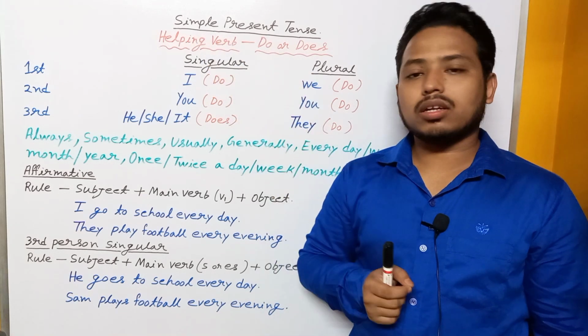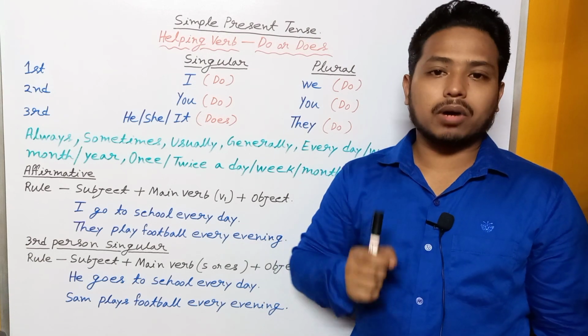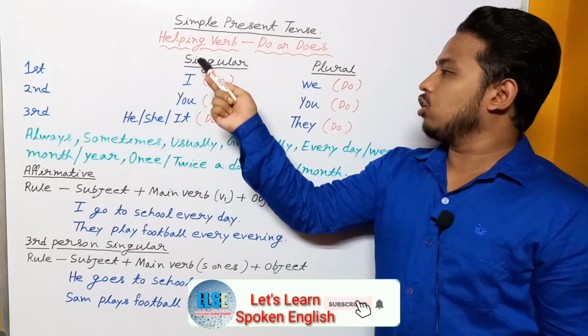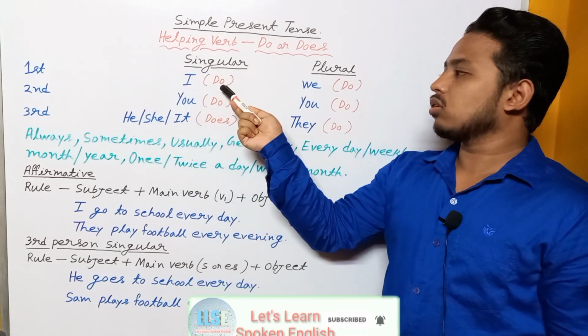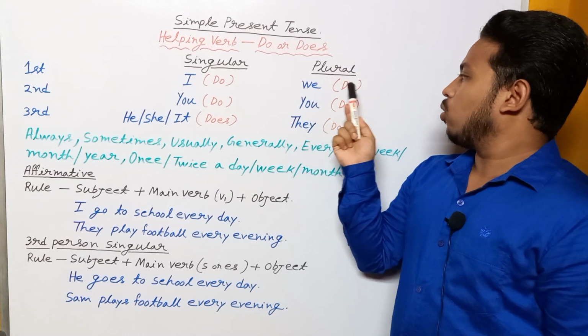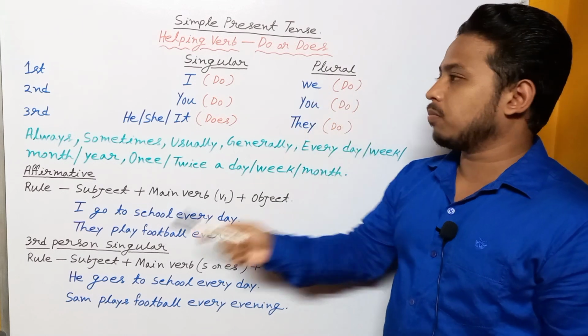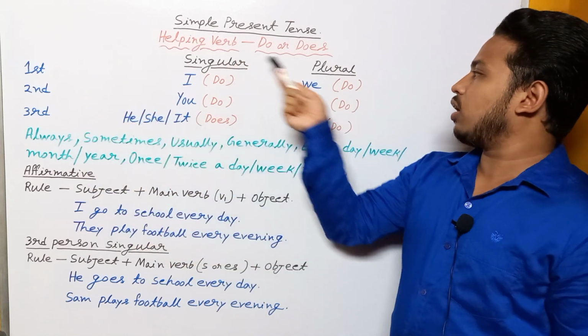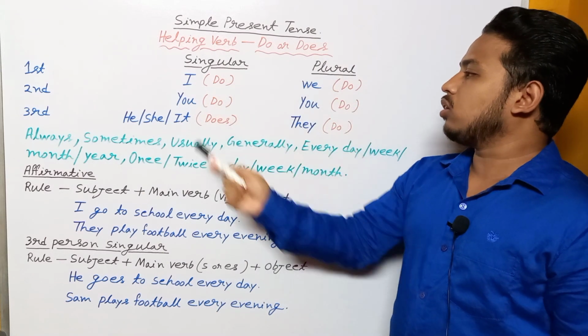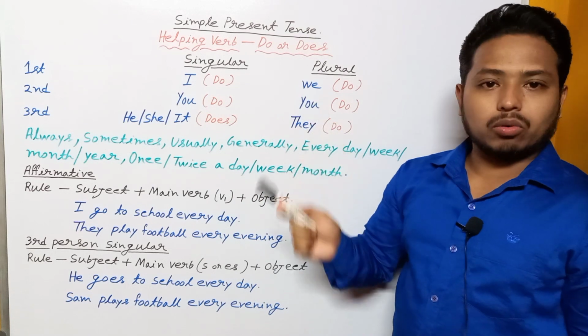Now we are learning how to use do, does helping verb with pronoun. First person singular I, we use do helping verb. First person plural we, we use do helping verb. Second person singular and plural both, we use do helping verb with the pronoun you.